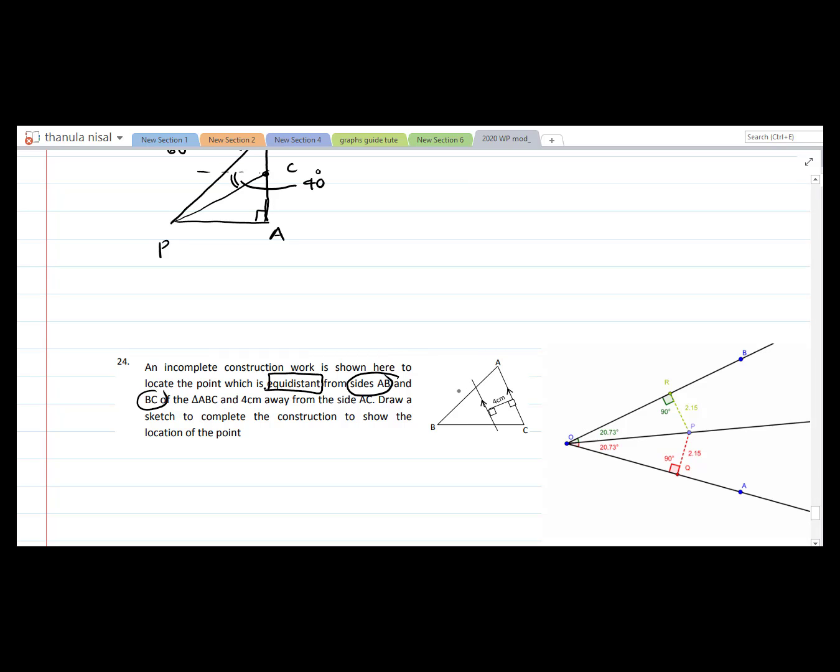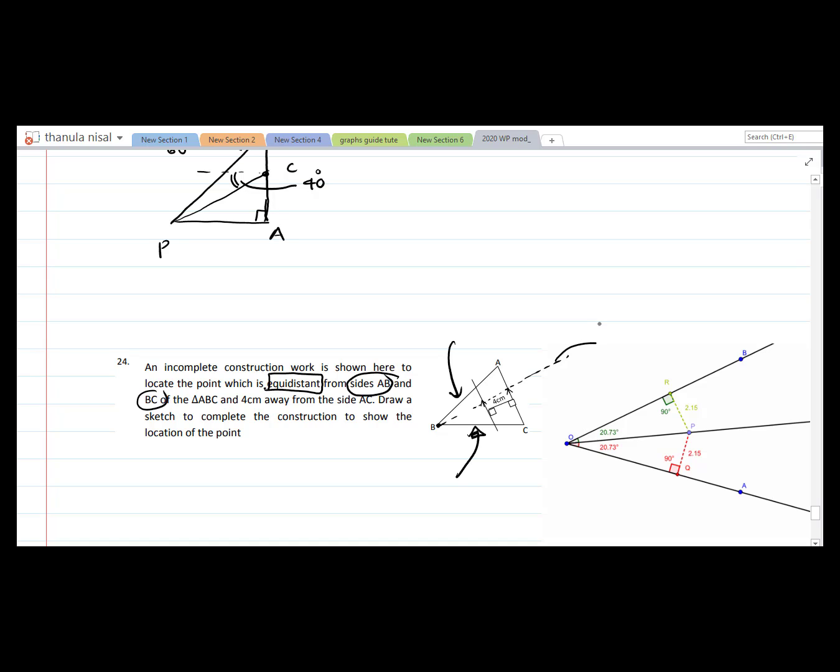That means we want to find the locus which is equidistant from straight lines AB as well as BC. Therefore, we should find the vertex, that is angle B. Then what we have to do? We want to bisect that angle.